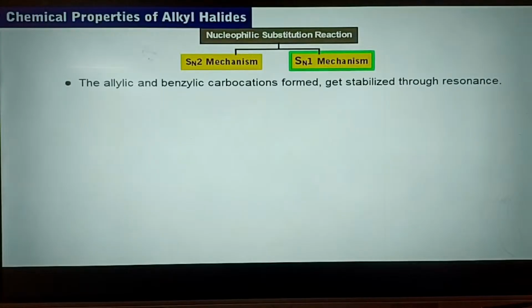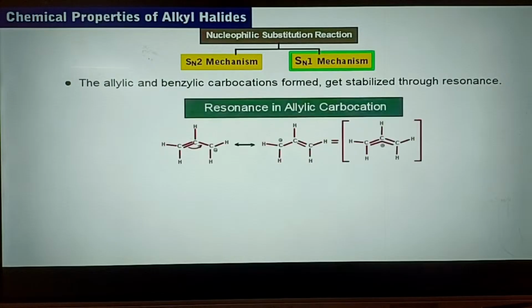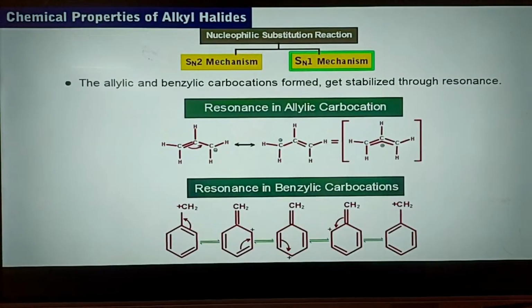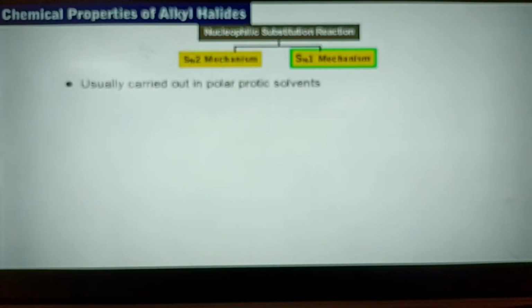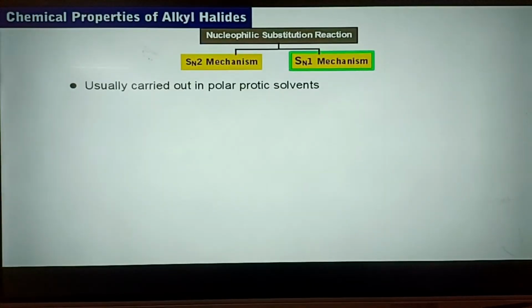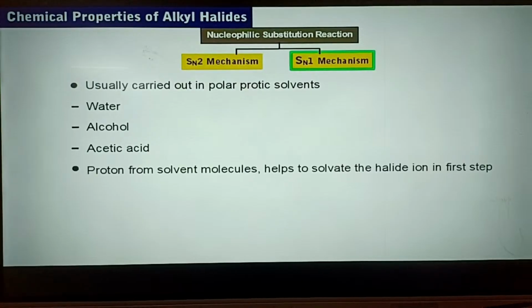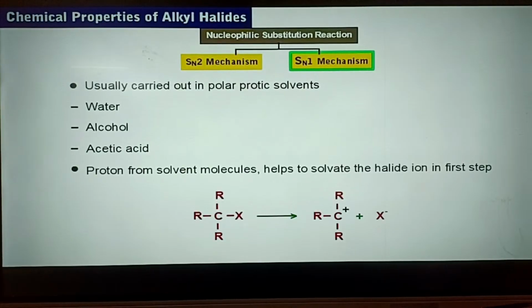This is because the allylic and benzylic carbocations get stabilized through resonance, as shown here. SN1 reactions are usually carried out in polar protic solvents such as water, alcohols, and acetic acid. The protons from the solvent molecules solvate the halide ion as it leaves in the first step of the mechanism.